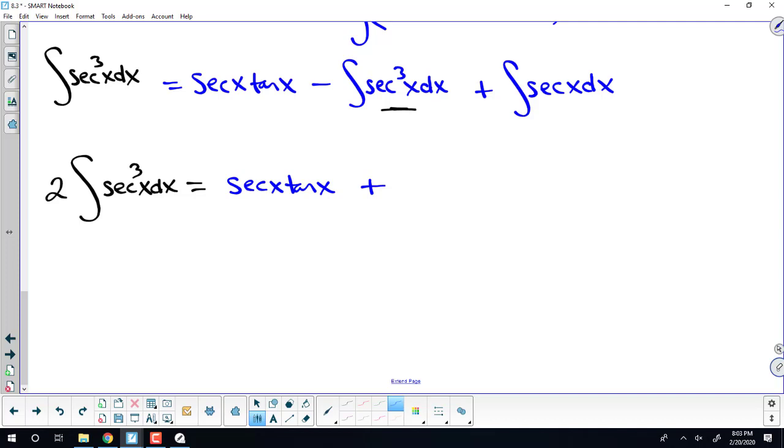Natural log of secant x plus tangent x. Yeah, natural log of secant plus tangent. And then we just divide by 2 to solve for the antiderivative of secant cubed.